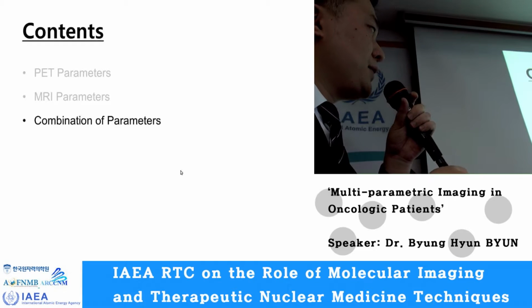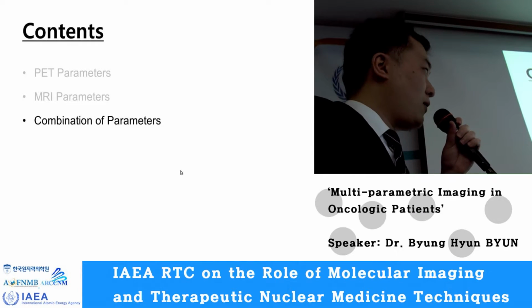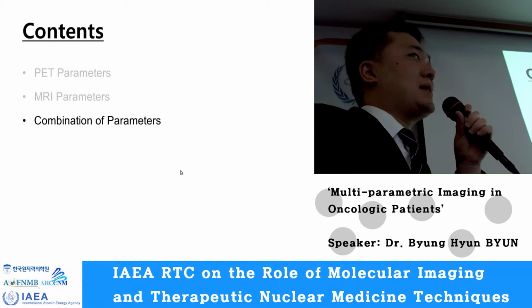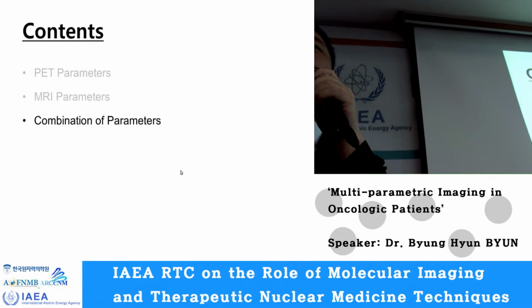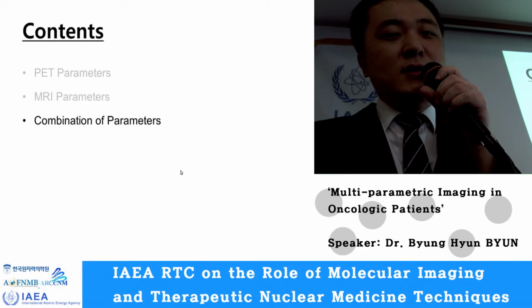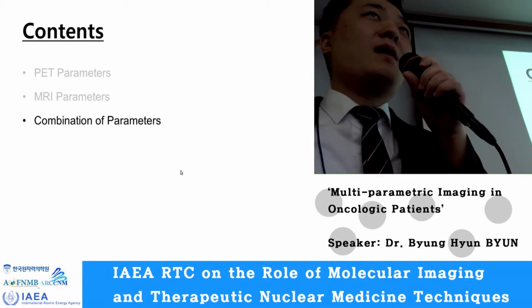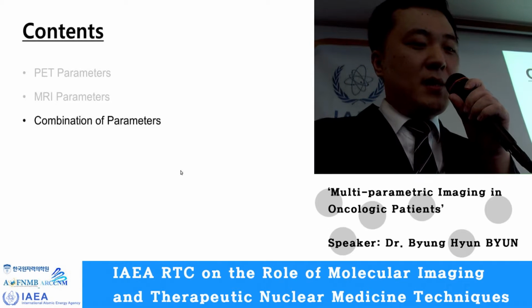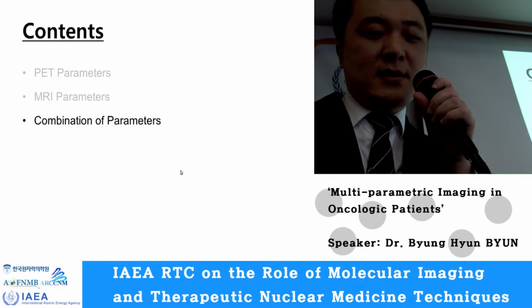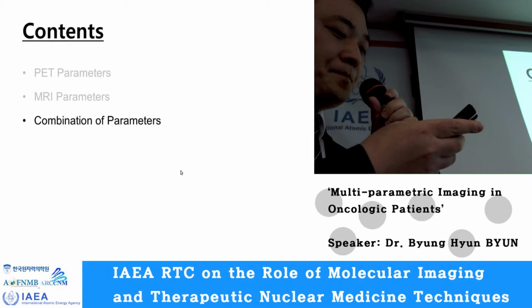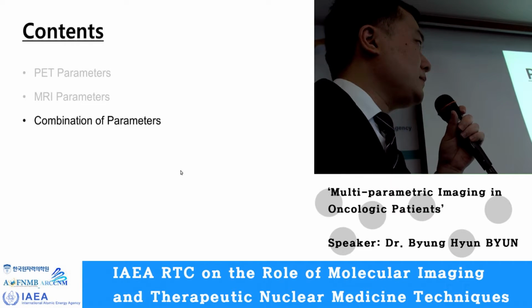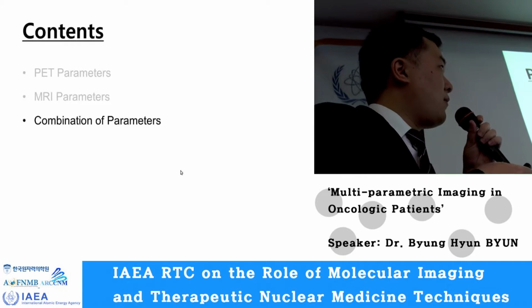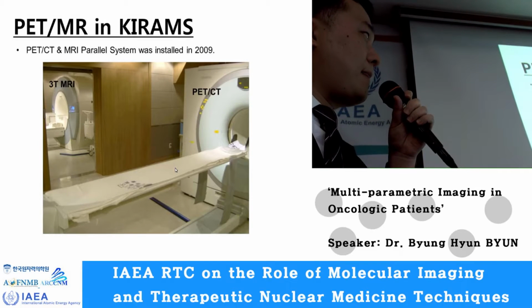I will show you some examples of the combinations of these parameters, PET and MRI. In our institution, we have a PET MRI system, but it is not a simultaneous system. This system was installed in 2009.